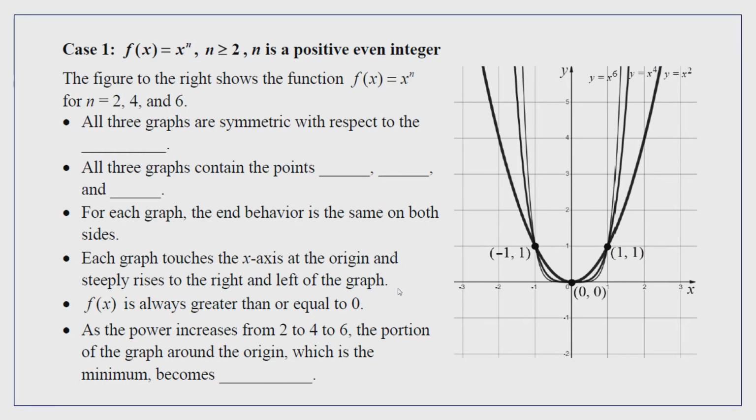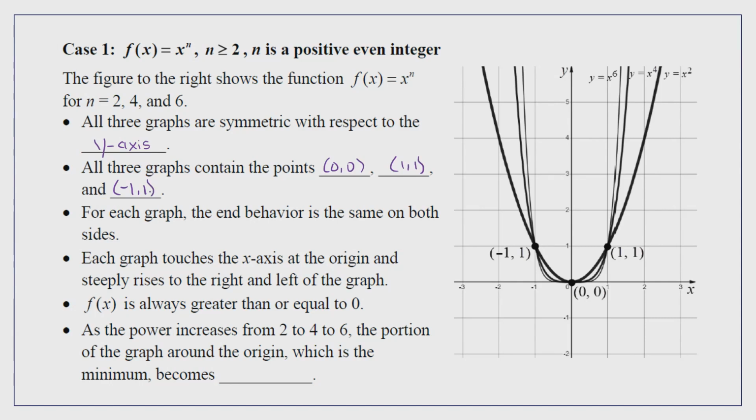In looking at all these graphs, we notice that all three graphs are symmetric with respect to the y-axis. This just means that the y-axis is like the mirror for both sides of our parabola. All three graphs contain the points (0, 0), (1, 1), and (-1, 1).